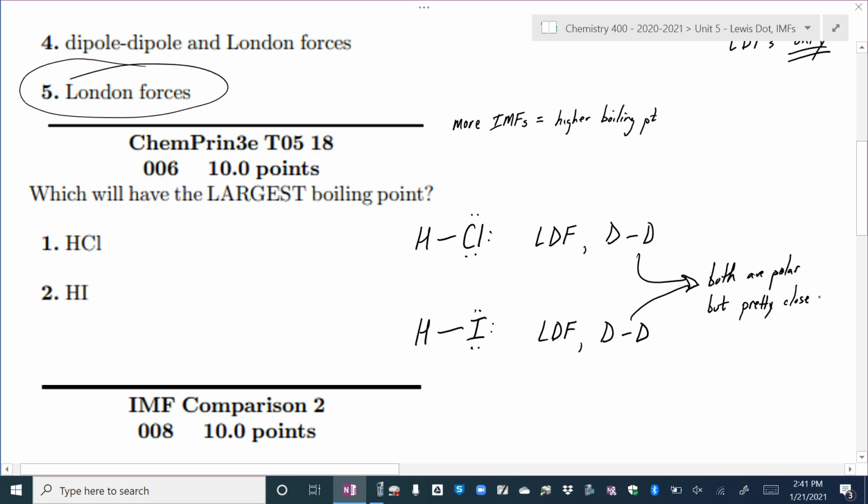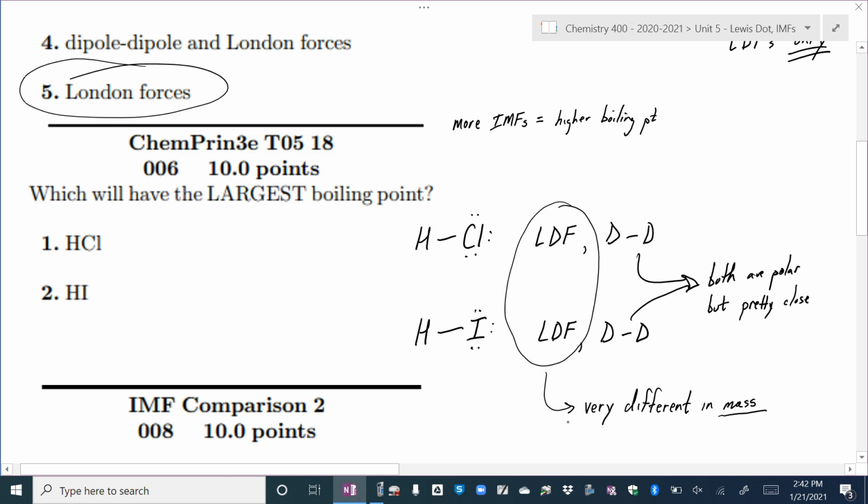Now when we look at the LDFs here, though, this is where the difference is. You might recall, these guys are very different in terms of the strength of their LDF. Remember that the strength of the LDF is related to mass, and these guys are very different in their mass.